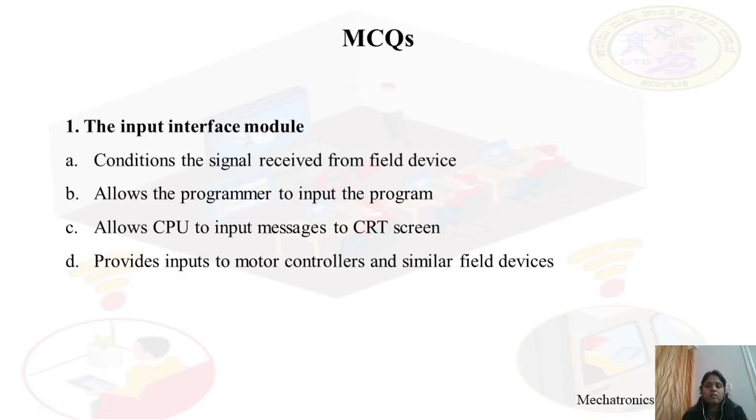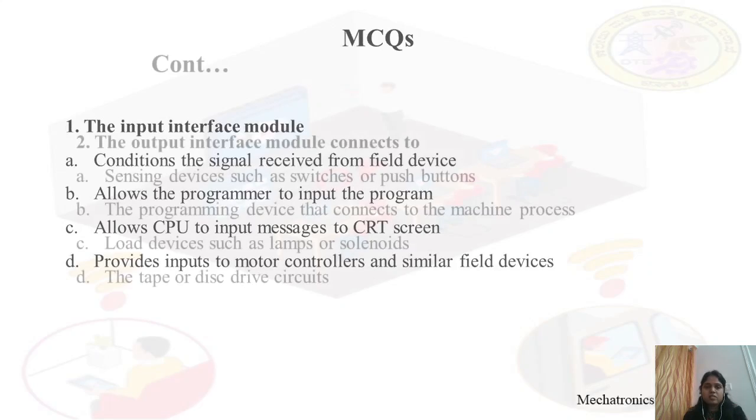Next, we will solve some MCQs based on this. The input interface module: option A, conditions the signal received from field devices; allows the programmer to input the program; allows CPU to input messages to CRT screen; provides inputs to motor controllers and similar field devices. Okay, it conditions the signal received from the field device.